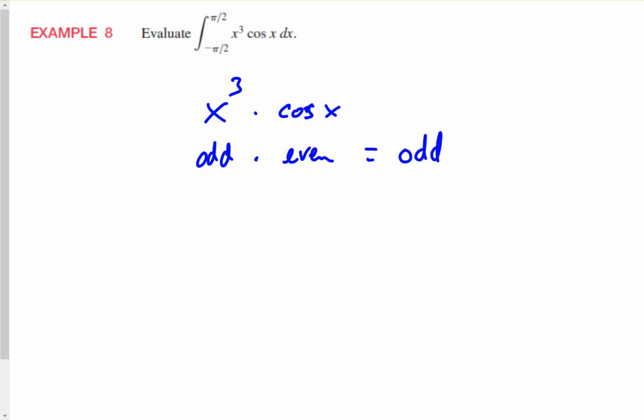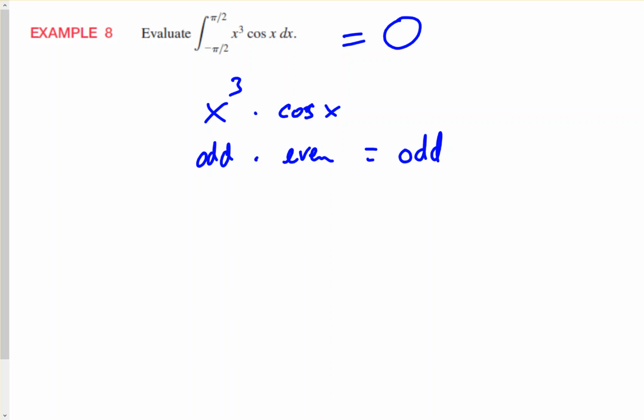Okay. Now, if you remember the properties of integrals, if the bounds are the same, but one is the negative bound, the other one is the positive bound, these are going to always cancel each other. Like when you have an odd function, these are always going to cancel each other, and you'll end up with a 0 net result here.